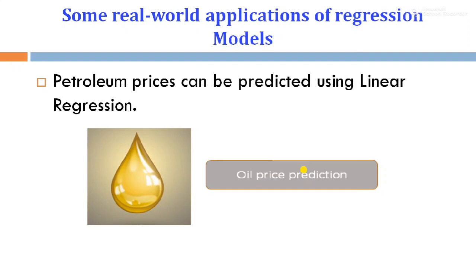Petroleum prices can be predicted using linear regression by considering various predictors. So these are some real life applications of regression models. There are many more applications. Basically, by knowing the values of the independent variable, we can predict or forecast the unknown value of the dependent variable. This is the main application of regression analysis.